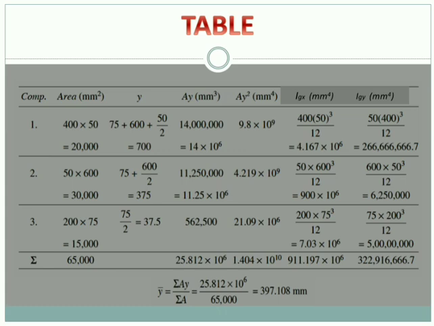Similarly, let's move to the second element, that is the second rectangle. The area of that rectangle is 50 into 600. Then how do we get the y2 value? Same, 75 plus 600 by 2. Then same A into y bar. Now here we come to the IGX calculation for the second element.